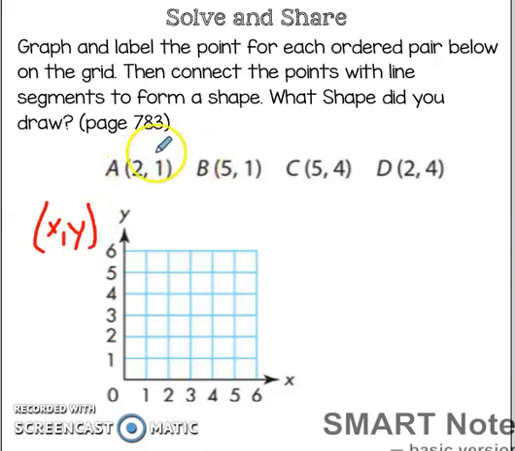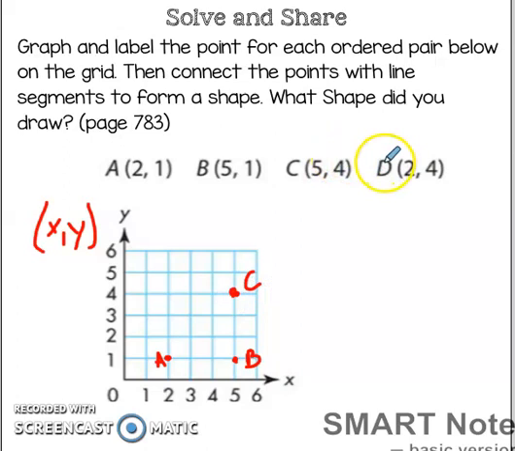Here we have 2, 1, so that's 2 along the X, and then it tells us to go up 1, so this is going to be point A. Then B is 5, 1, so I'm going to go all the way over to 5, go up 1, put a dot, and write B. Then I have C, 5, 4, so I'm going to slide over 5 and go up 4.